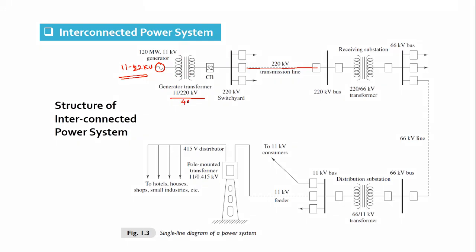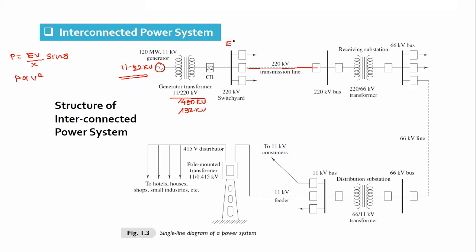So this can be a 220 or 400 or 132 kV transformer secondary side. And the primary reason for stepping up the voltage is that the power transfer capacity of the line is in the square proportion of line voltage.